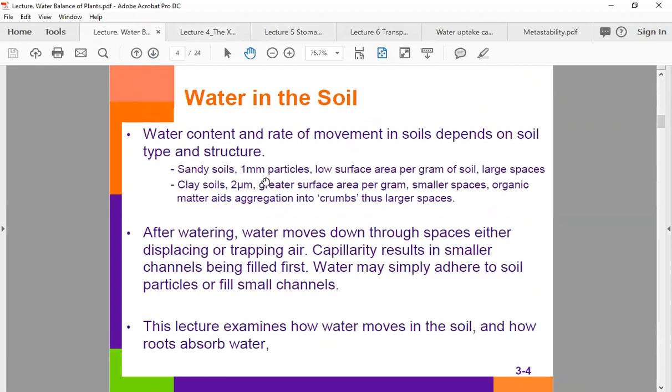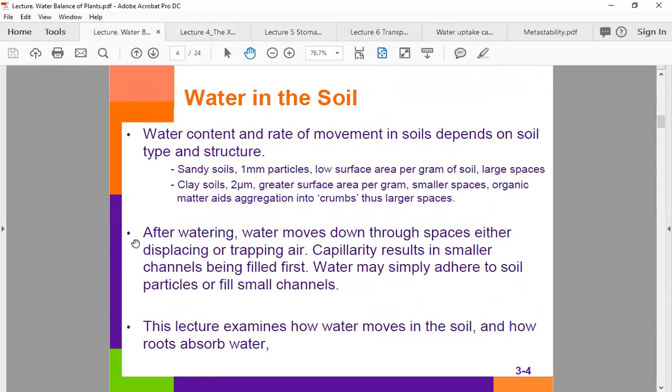Sandy soils have large particles and therefore they have a low surface area per gram of soil with large spaces. Clay soils, on the other hand, have very tiny particles, 2 microns, for example, in diameter. Therefore, clay soils have a greater surface area per gram of soil and much smaller spaces in between the smaller particles.